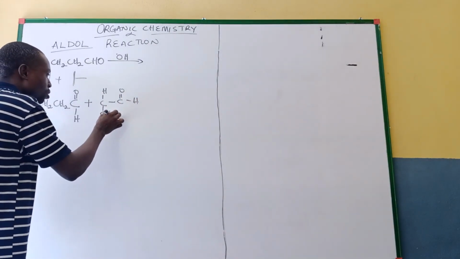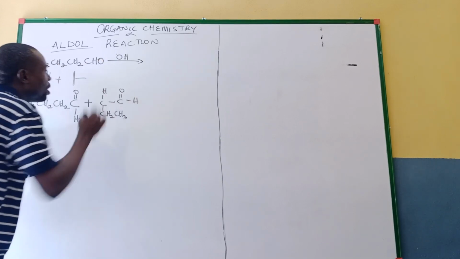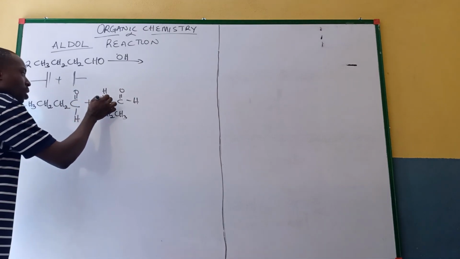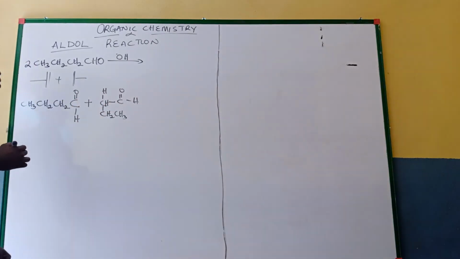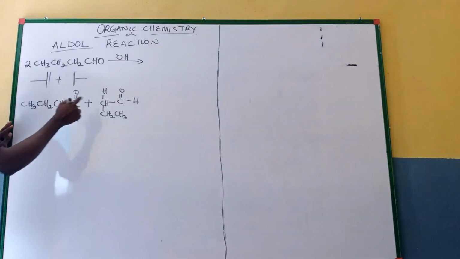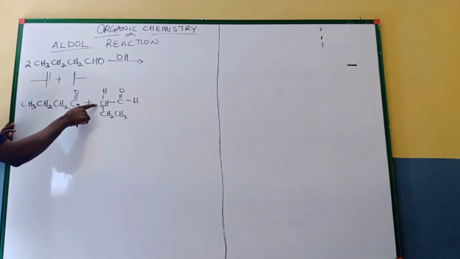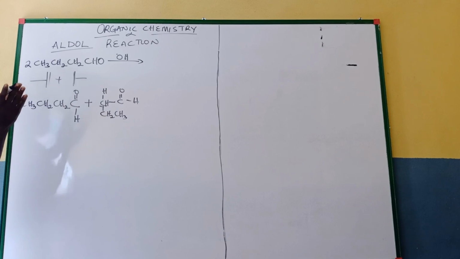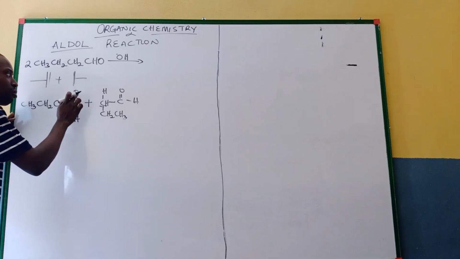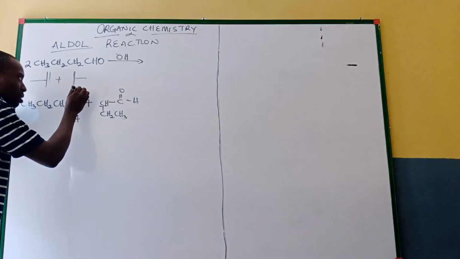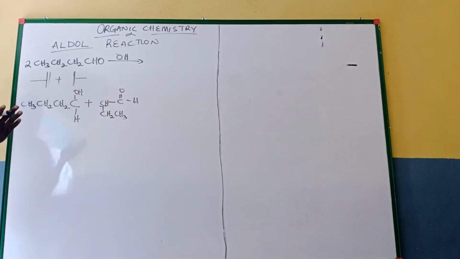So CH2, CH3. You get? So remember, you are having something of this nature, and the same will also apply. Here I've come to the alpha carbon, which has been exposed for attack. Now you just clean the same one here. This one comes here. That's the shortcut.